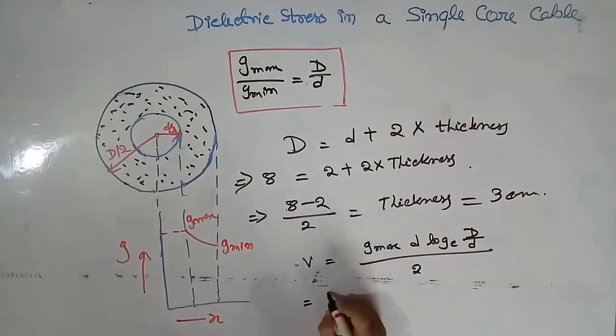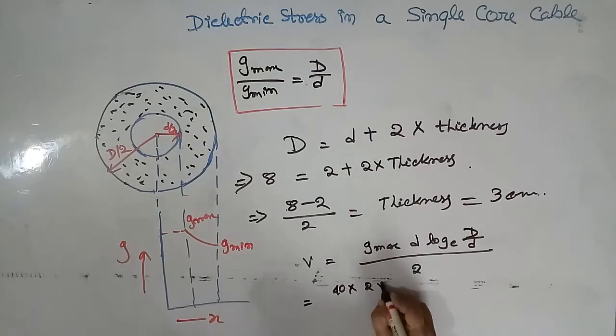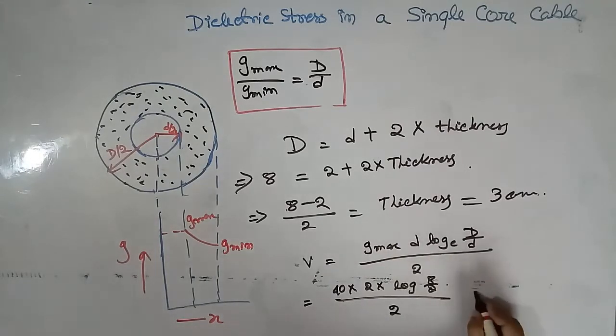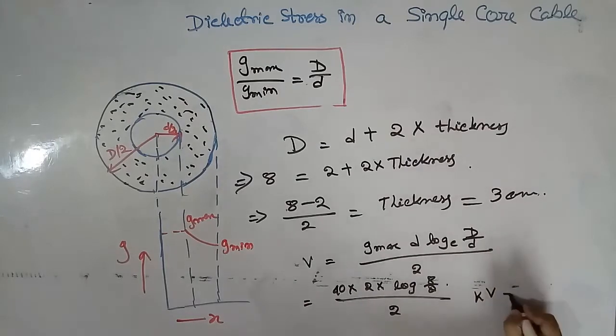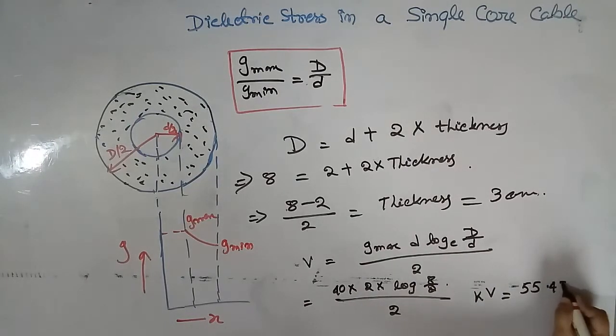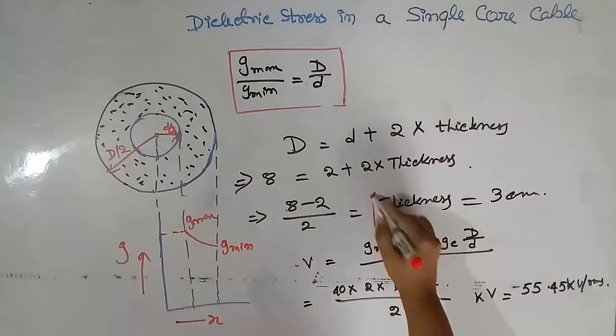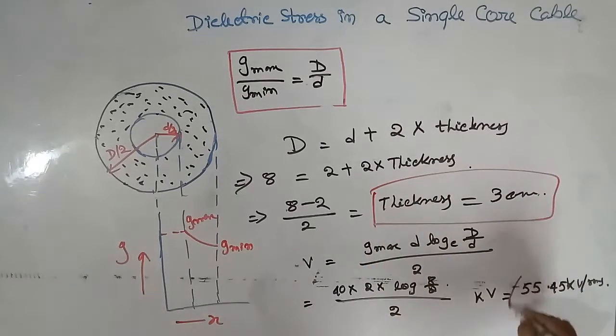So by putting the value of G max 40 into small d into log 8 by 2 by 2, unit is kV, we get the value of operating voltage 40 kV per RMS. So this is the thickness and this is the operating voltage.